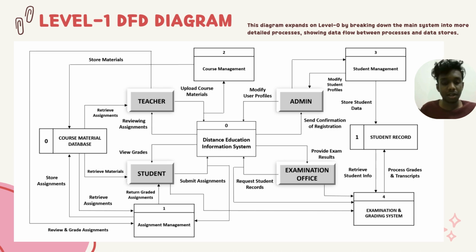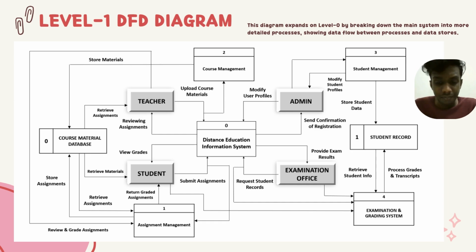From the course material database, it goes to the teacher to retrieve the assignment. From the teacher, it goes to review and grade assignments, and from there to assignment management, and then it goes to return graded assignment.